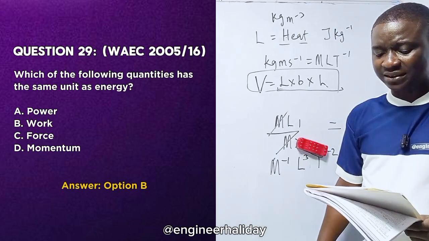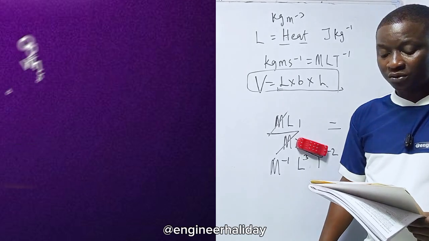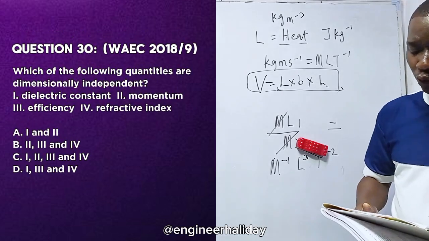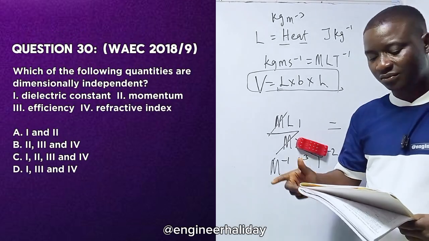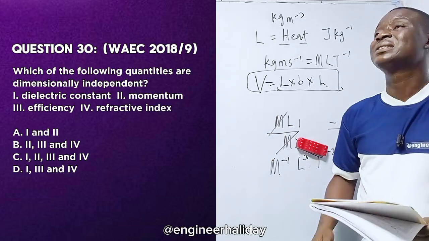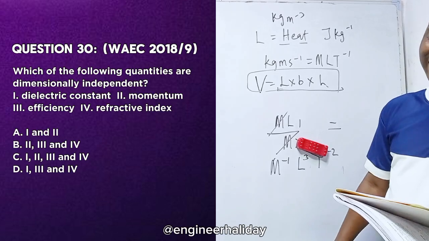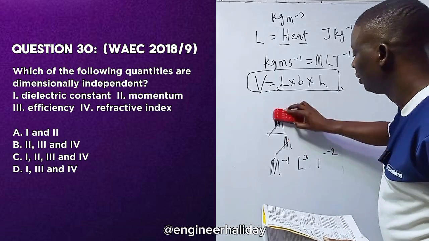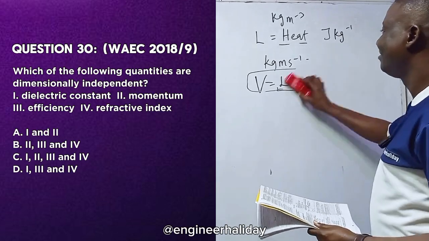Then the last, number 30 rather. Which of the following quantities is dimensionally independent? When I say dimensionally independent, it means quantities without a unit.